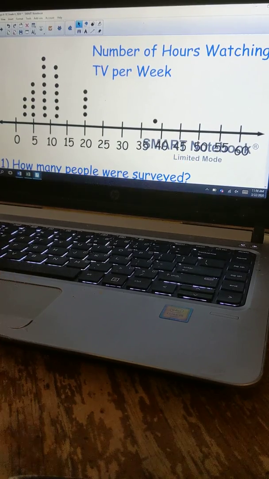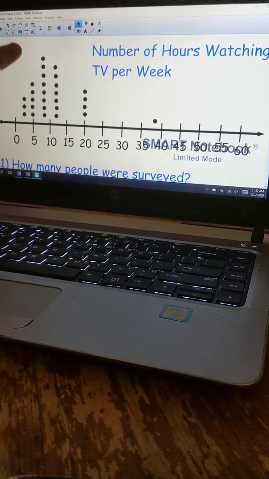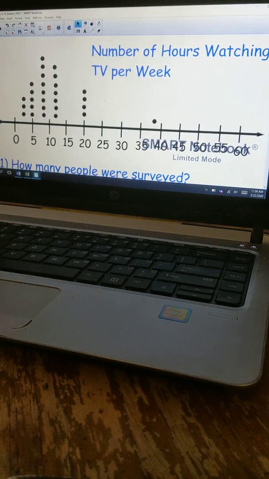Like if we needed to know how many people were surveyed, in a dot plot, each dot represents a person. So there's 1, 2, 3, 4, 5, 6, 7, 8, 9, 10, 11, 12, 13, 14, 15, 16, 17, 18, 19, 20, 21, 22, 23, 24, 25, 26, 27. There's 28 people in this class that took this survey. And it would be safe to say that most people watch less than 15 hours of TV because almost all of the responses are less than 15 hours per week.